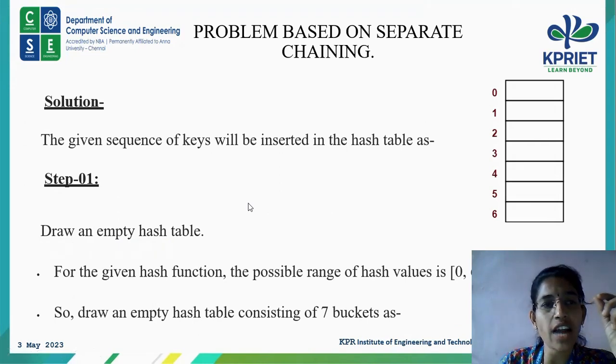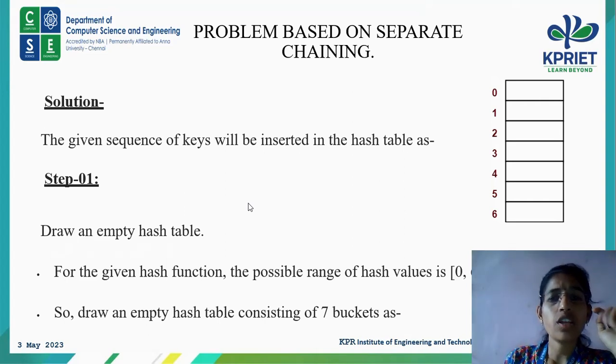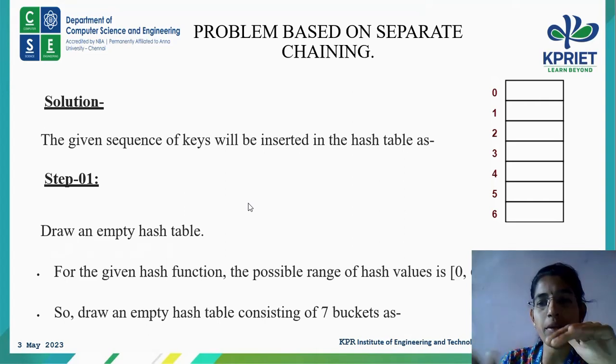The hash values range from 0 to 6, because the hash value always depends on the size of the table. So here I create a simple table with a size of 7.